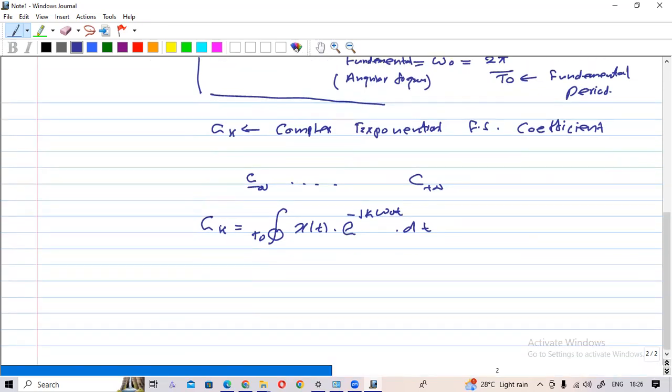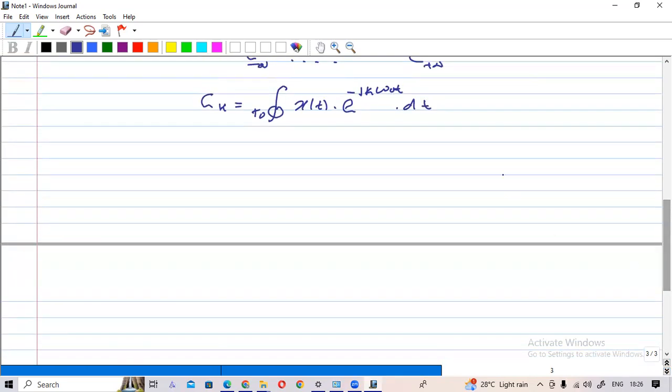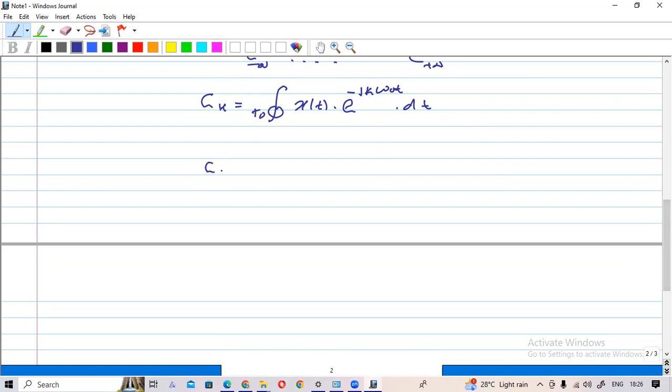Once we find the Ck value using this, we can find the corresponding coefficients: C minus 3, C minus 2, C minus 1, C0, C1, C2, C3, C4, likewise up to maybe an infinite number of C values.